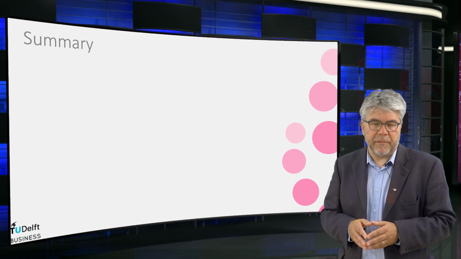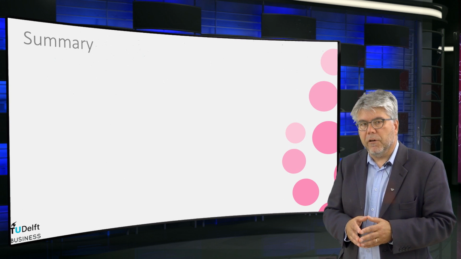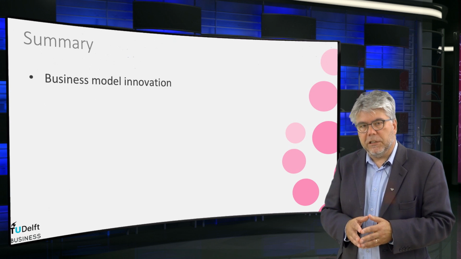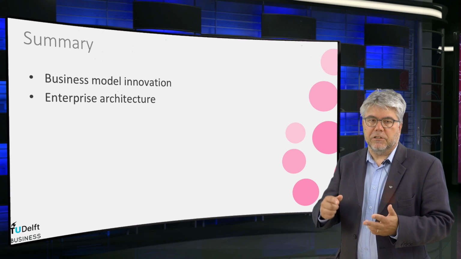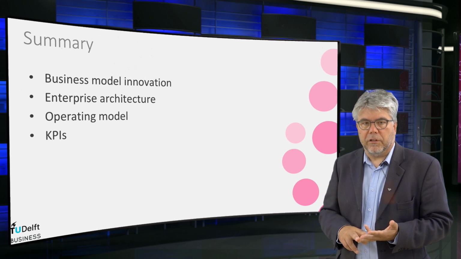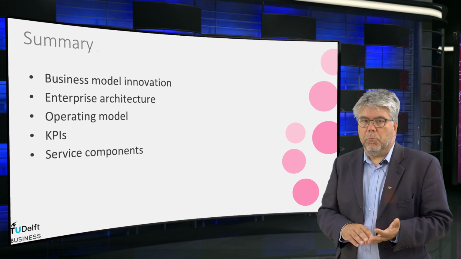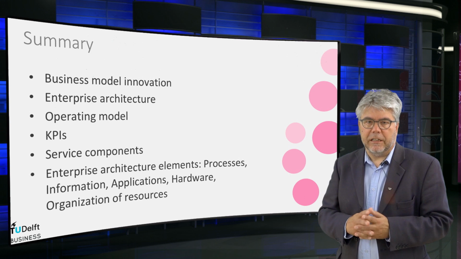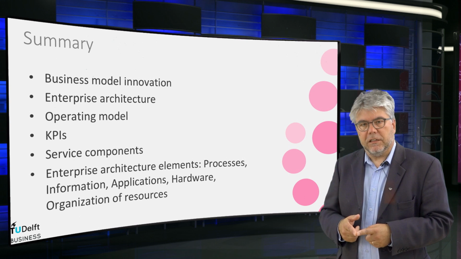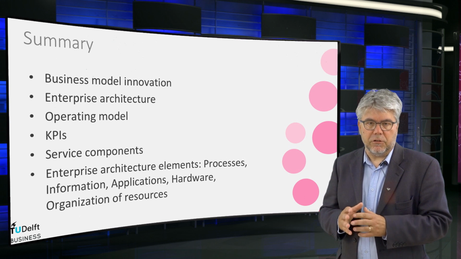To summarize, in this lesson we have illustrated with a case example the roles and relationships of business model innovation, enterprise architecture, operating model, performance measures, which are also called key performance indicators, KPIs, service components, and these enterprise architecture elements, which are 5: processes, information, applications, hardware, and organization of resources.